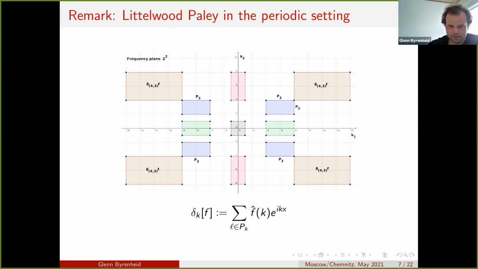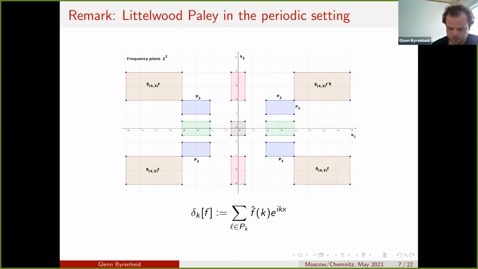Let me connect this to classical Littlewood-Paley theory. For that, we do an unconventional comparison to the periodic setting, because to explain the non-periodic one would take more time. So, Littlewood-Paley theory. We have some functions in L^p where the Fourier transform is well defined. Then we decompose the Fourier plane, in this case the picture of the two-dimensional one, into dyadic blocks.